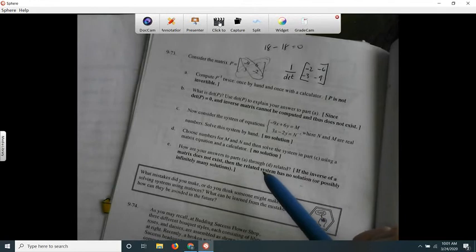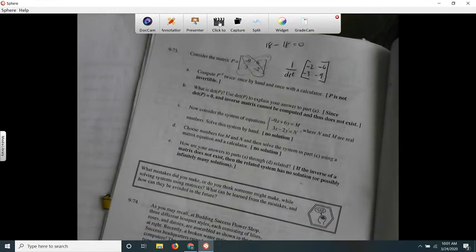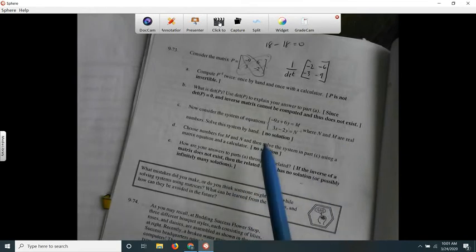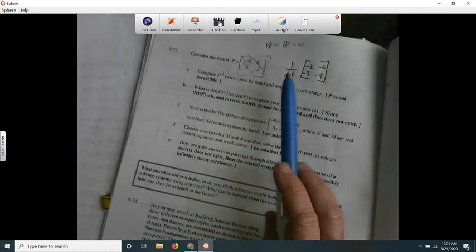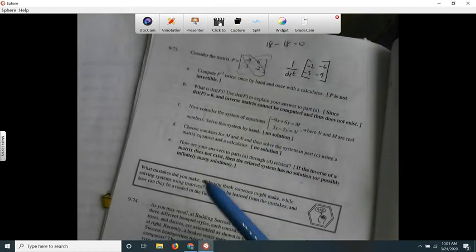If you're trying to solve it with matrices, you'll know that there's no solution, or sometimes there might be infinite solutions. You'll know that when you try to get the inverse and your determinant is 0. I just wanted you to be aware of that.